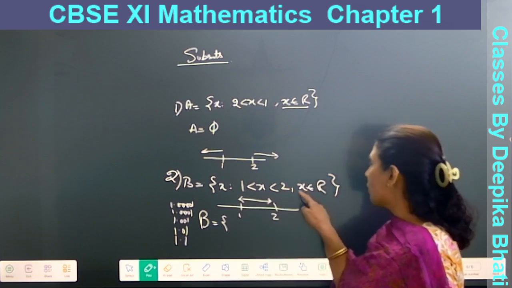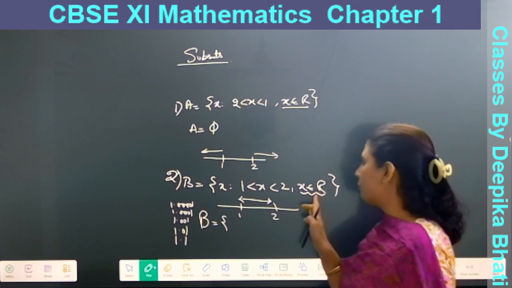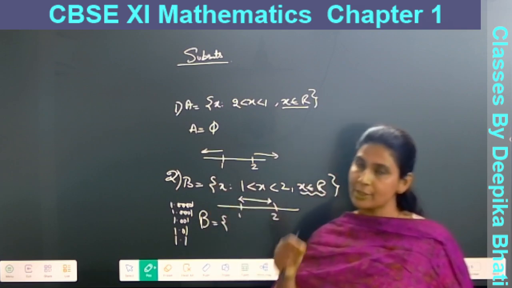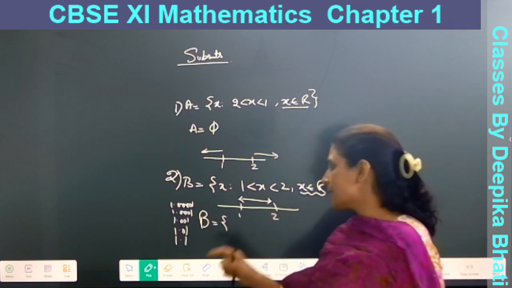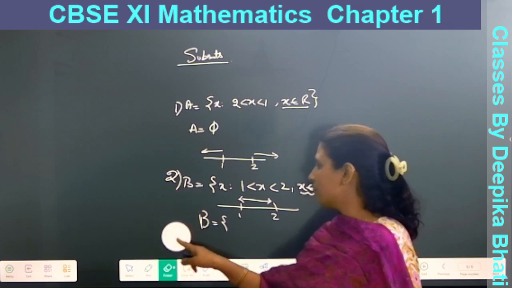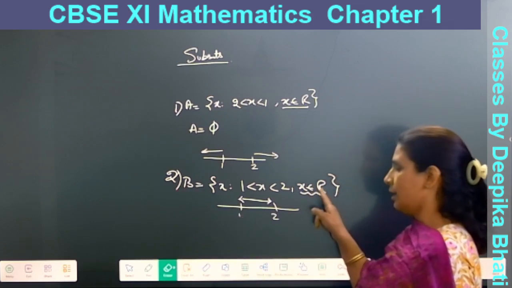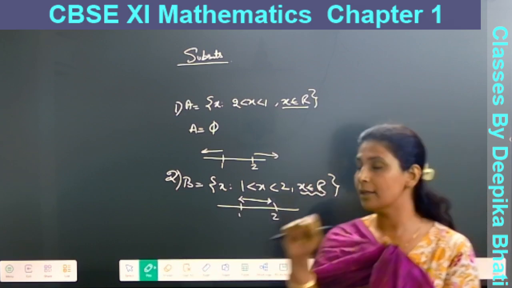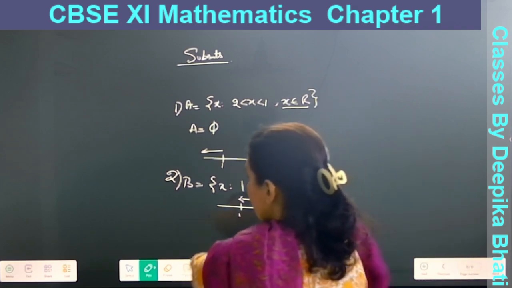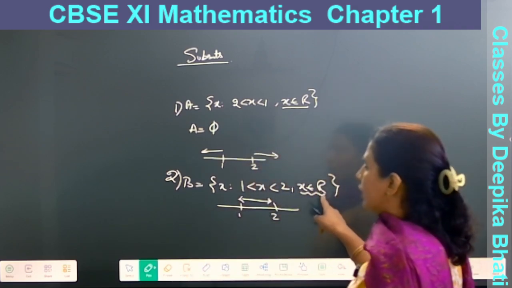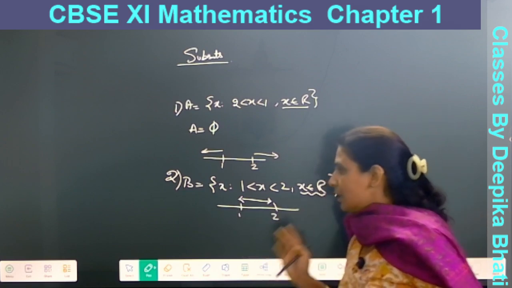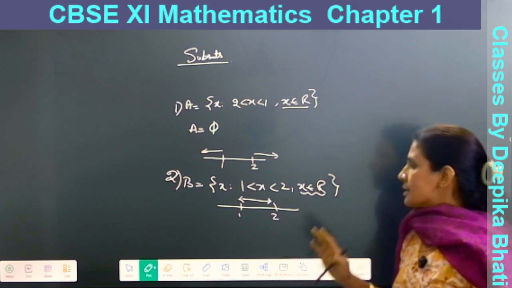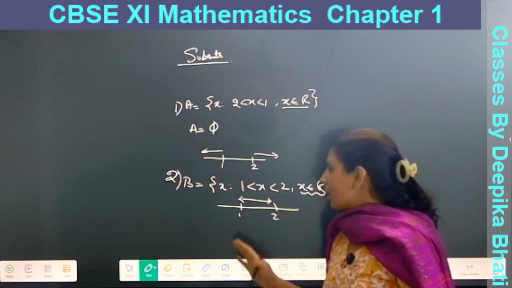So in the case of real numbers, if we are supposed to write a roster form, we fail to write it. That's why whenever we come to real numbers, we have intervals. Because when your x belongs to the real numbers, you fail to write the set in roster form, because real numbers are uncountable.